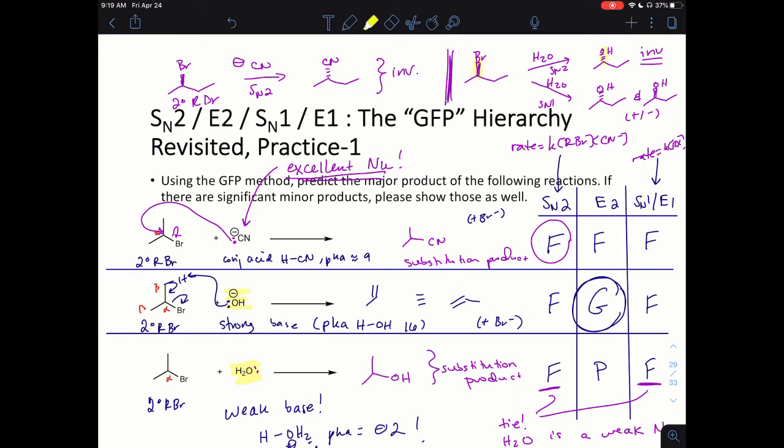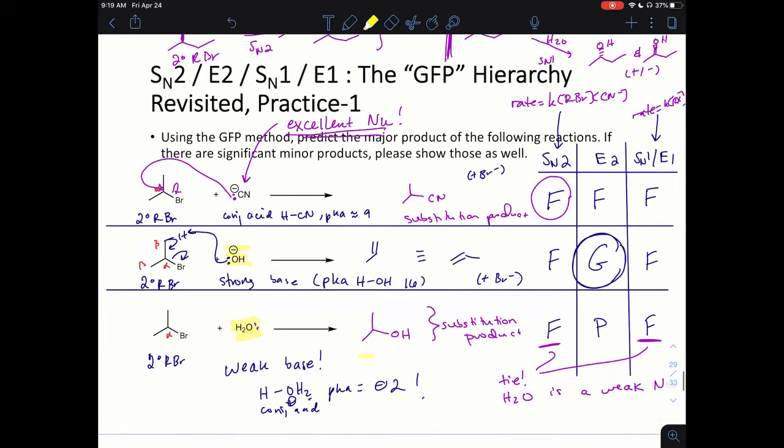And if it's SN1, then you'll get racemization. So SN2 inversion, SN1 racemization. So you would definitely know from the stereochemical outcome if you treated this chiral alkyl halide with water. But in this case, either way, the product looks the same.